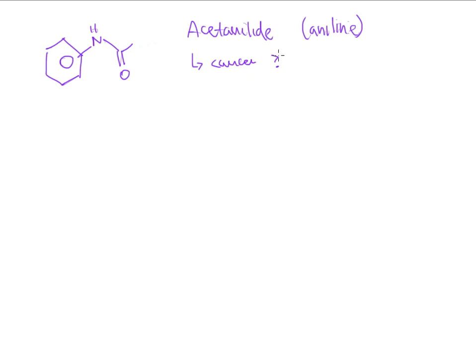So not only did it have liver problem, but people that took maybe too much of it often experience this symptom called cyanosis. And I'll show you a picture of cyanosis in just a second. But severe liver damage was associated with it. Severe kidney damage was associated with it. And because of that, phenacetin came out onto the market. So phenacetin.